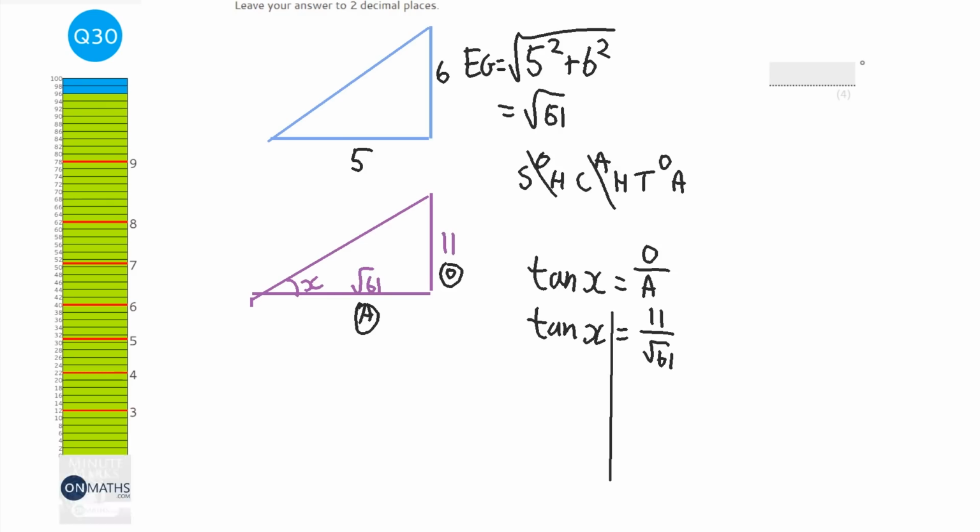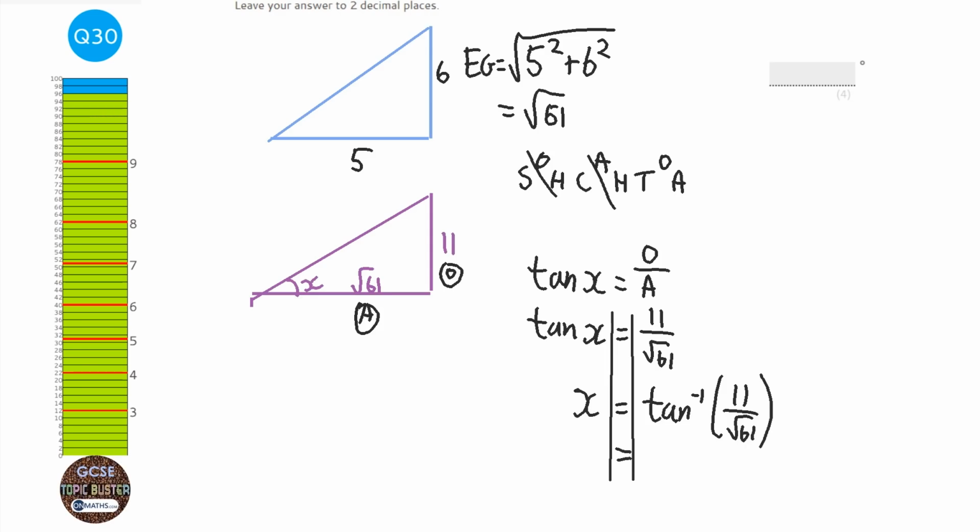And we're going to inverse tan both sides. Just standard trigonometry. So inverse tan and fraction 11 over root 61, and just close the bracket.